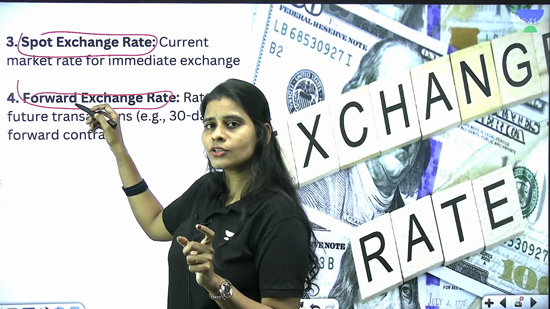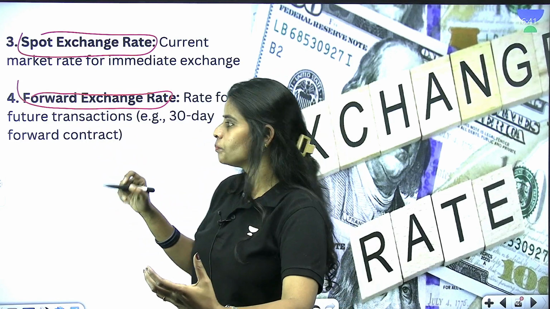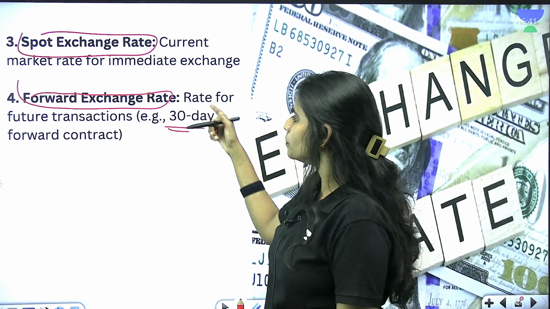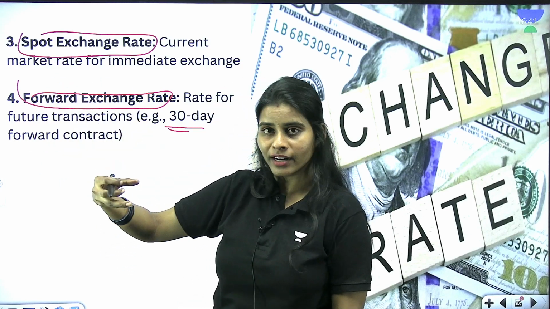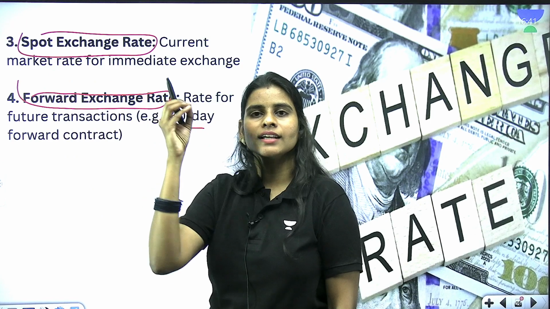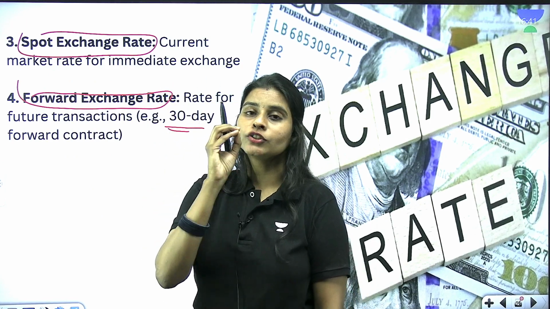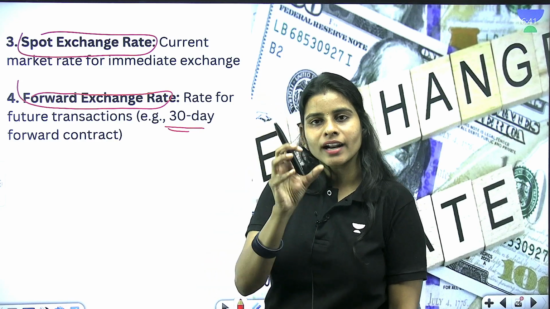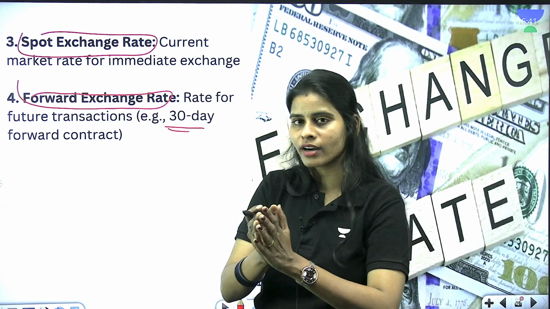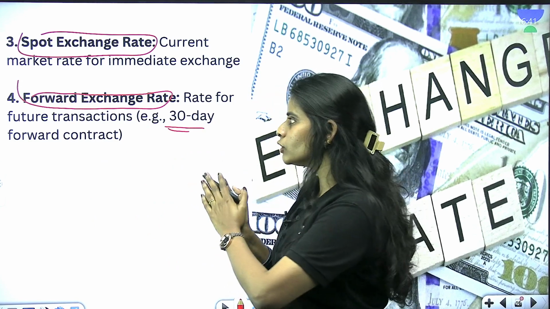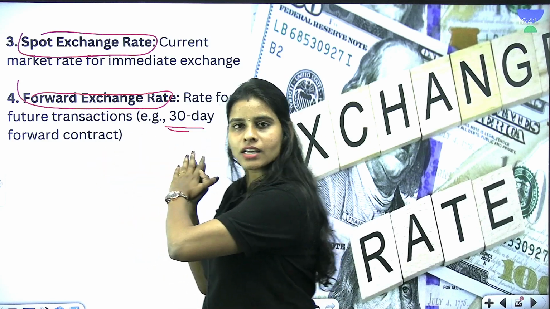What is forward exchange rate? Looking forward from now, maybe after 30 days, what would be the exchange rate? So if I am getting into a contract, future contract, where I will be mentioning that I will be exchanging dollars for these many rupees, and that contract, if it is signed, then you can exchange it according to the contract that you made with the party. That will be called as the forward exchange rate.